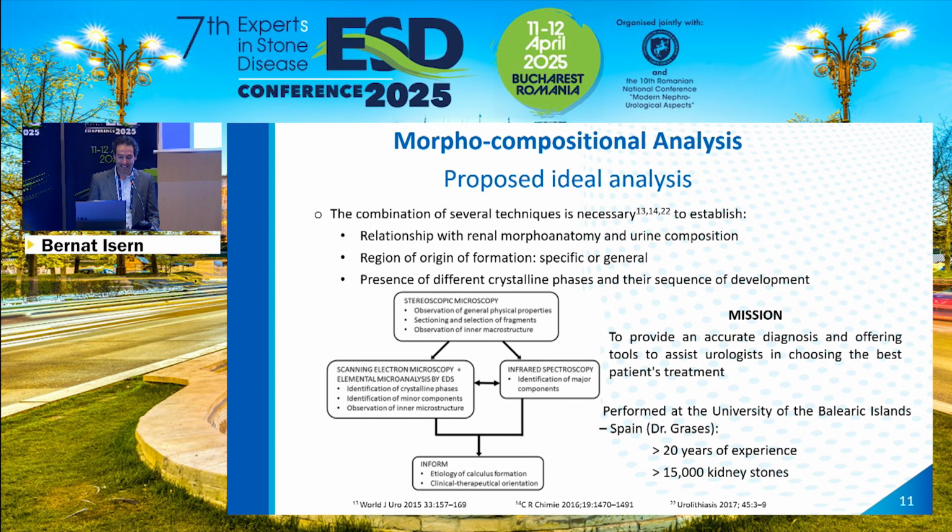Additionally, in each case, a detailed report should be included with specific clinical and therapeutic recommendations for the stone. For this reason, it would be ideal to use detailed kidney stone analysis to provide an accurate diagnosis and offer tools to help you, urologists, in choosing the best treatment for the patient.